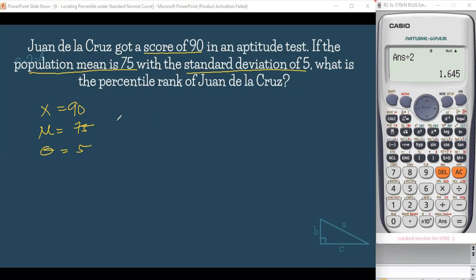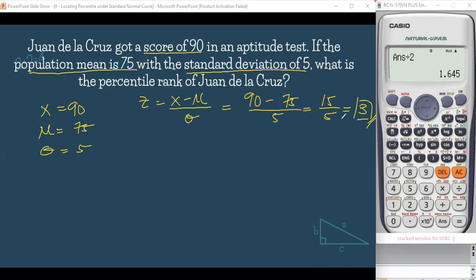Ngayon po, using our z-score formula, which is equal to x minus the population mean all over the population standard deviation, that is 90 minus 75 all over 5. So that will give us 15 over 5, which is equal to 3.